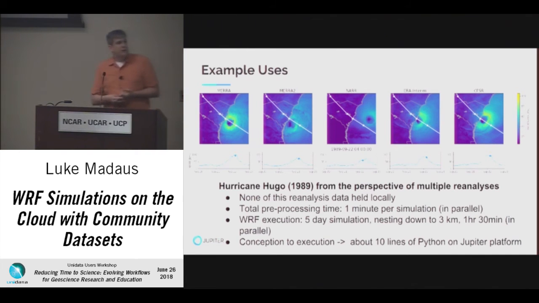And then the WRF execution for these 5 daily simulations, we nested down to 3 kilometers. There are actually 3 nests going down to 3 kilometers. It took about an hour and a half running them on the particular cloud instances we chose. And as I mentioned, it's 10 lines of Python for us to set this up and get going. So let's just do a lot of these experiments really quickly, really easily.